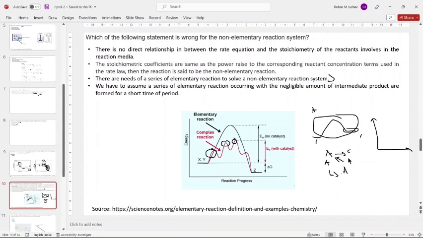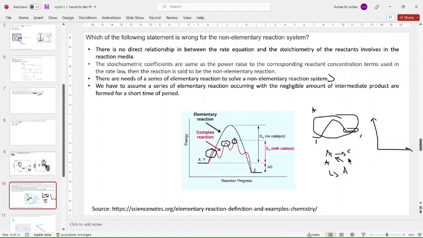Why? Because this is forming an intermediate at different positions. That's why it's a complex reaction. So if you remember the definition of the order of reaction, you will know that the stoichiometric coefficients, as you can see in the second statement, are same as the power raised to the corresponding reactant concentration terms used in the rate law, then the reaction is said to be non-elementary.